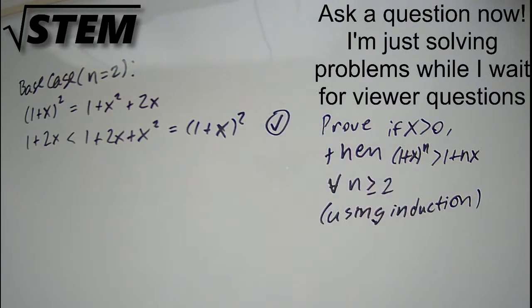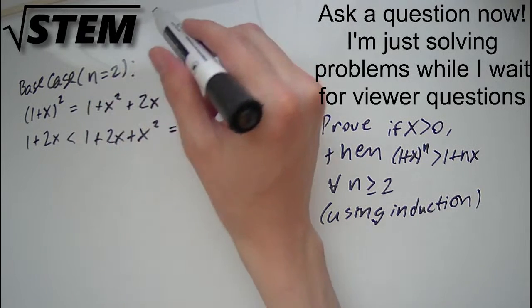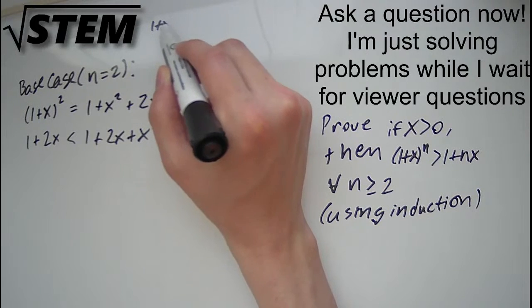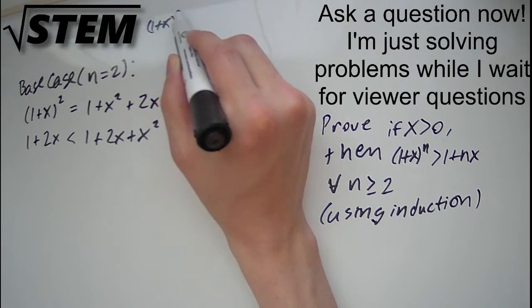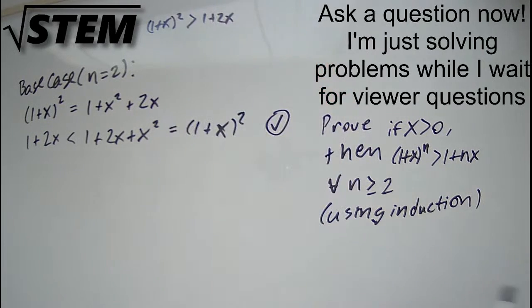So it's true for the base case. I'm going to put that up here and then erase to have more room. So 1 plus x squared is greater than 1 plus 2x.